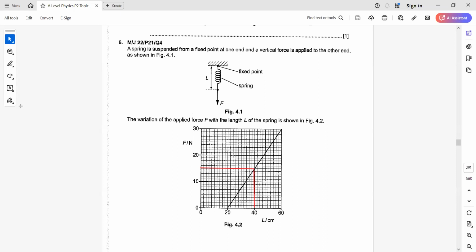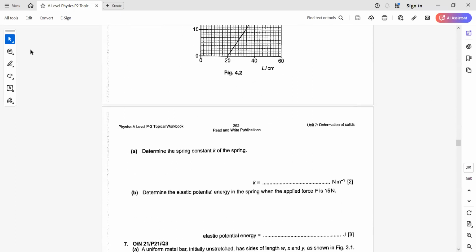Okay, so elastic potential energy is half kx squared. We just found k, that was around 75, and extension here from 20 to 40 is going to be 20 over 100. That's 0.2 squared. So elastic potential energy here would basically be 1.5 joules. That was question 6, I think.